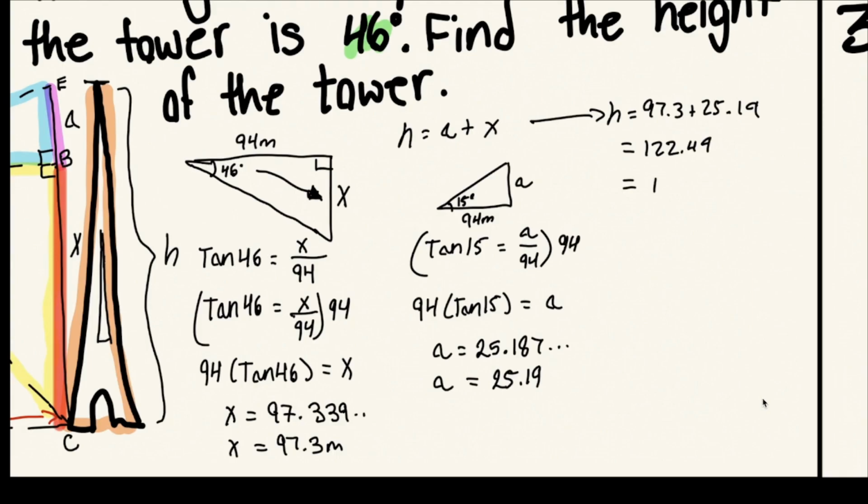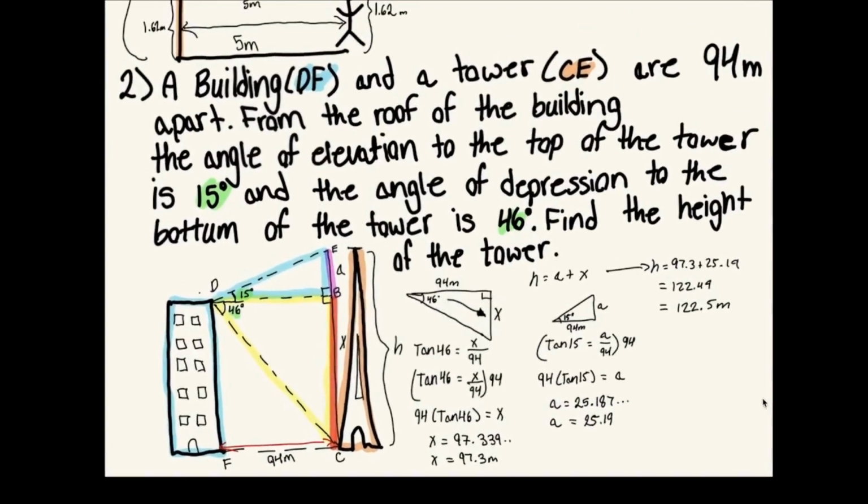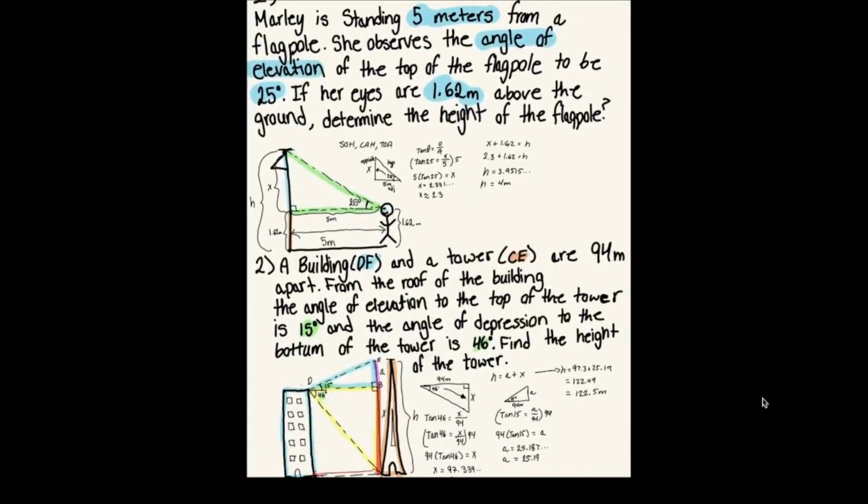I'll just round that to the nearest tenths, 122.5, and then meters. So 122.5 meters is your final height for the tower. And that's basically how you would solve it. Not that bad. Sometimes these questions can take a little bit of imagination, but it's not that bad. And that's basically it for that.